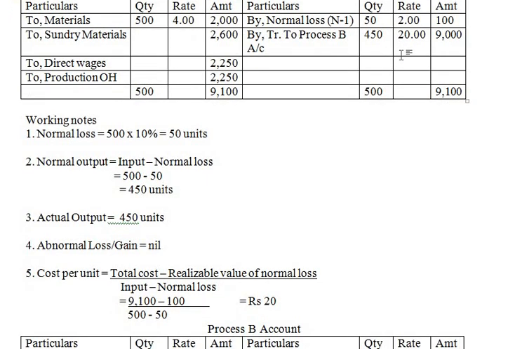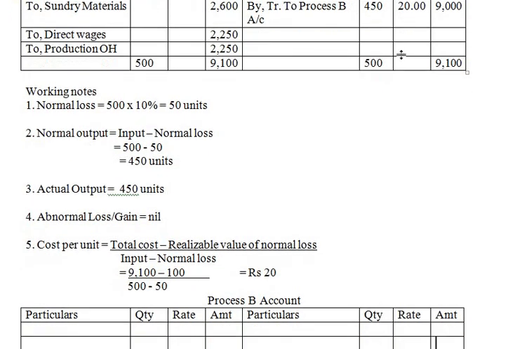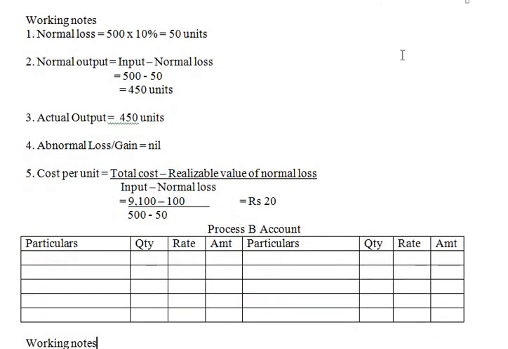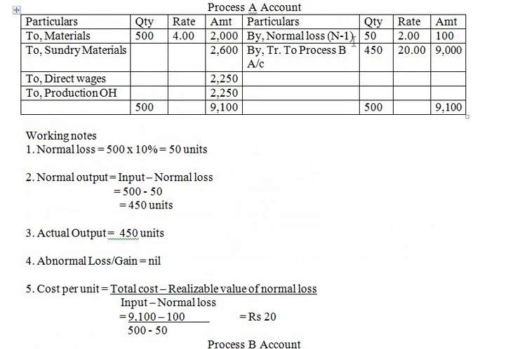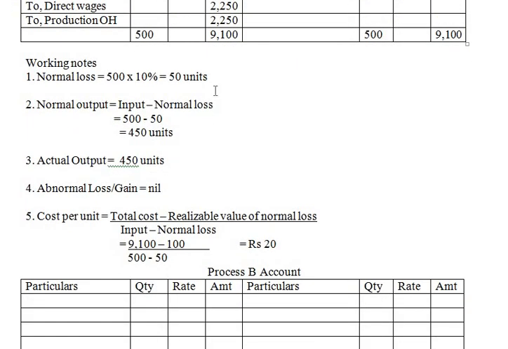Now same thing we need to calculate for process B as well. Now process B account, same columns. Whatever output of process A is there, that will be transferred to process B as input. So which will be taken on the debit side to process A account.